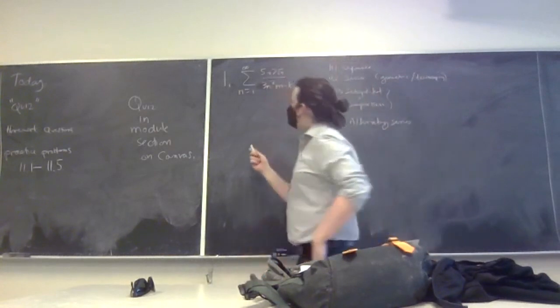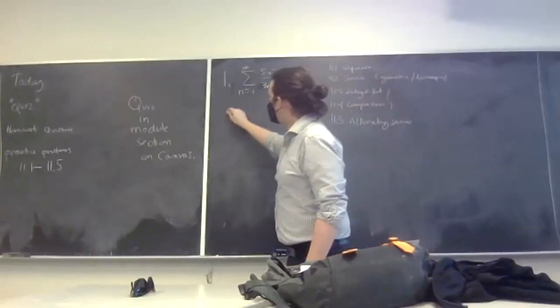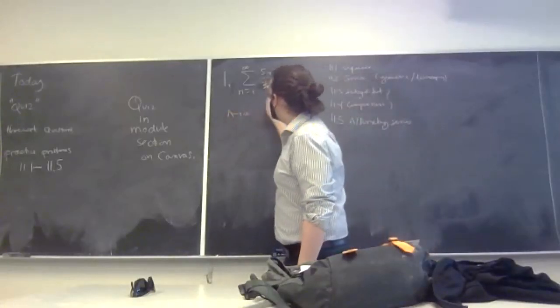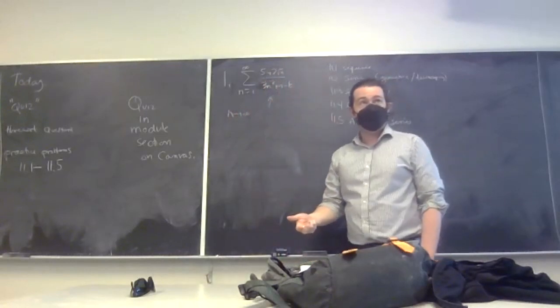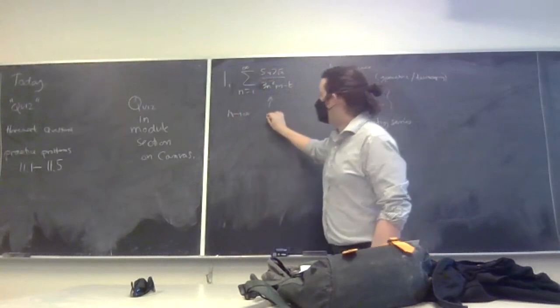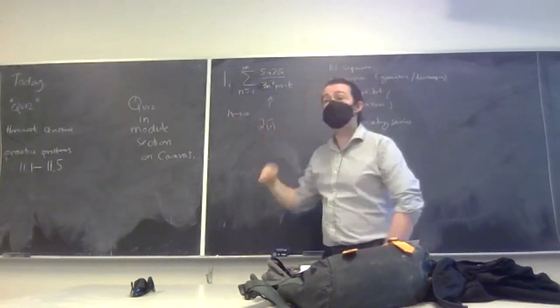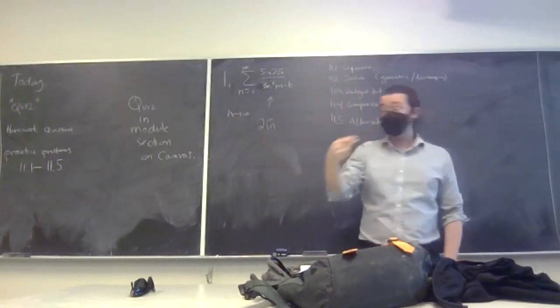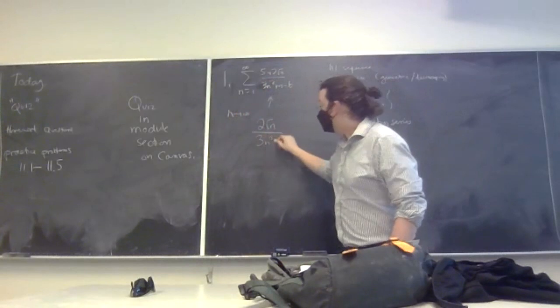Yeah. Okay. So what does this look like when n gets big? What series does this end up looking like? So as n goes to infinity, the terms here look like what? Well, yeah, it's definitely a p-series, because on the top you get 2 root n, that's the dominant term of the numerator. And the dominant term of the denominator is 3n squared.